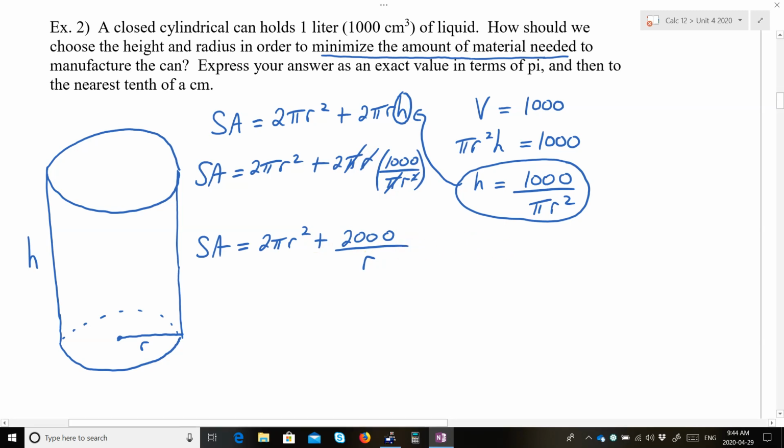Okay, and so in terms of an interval for this function, r has to be greater than 0, because it's the radius. If it was 0, then we wouldn't be able to make a can. So r has to be greater than or equal to 0.